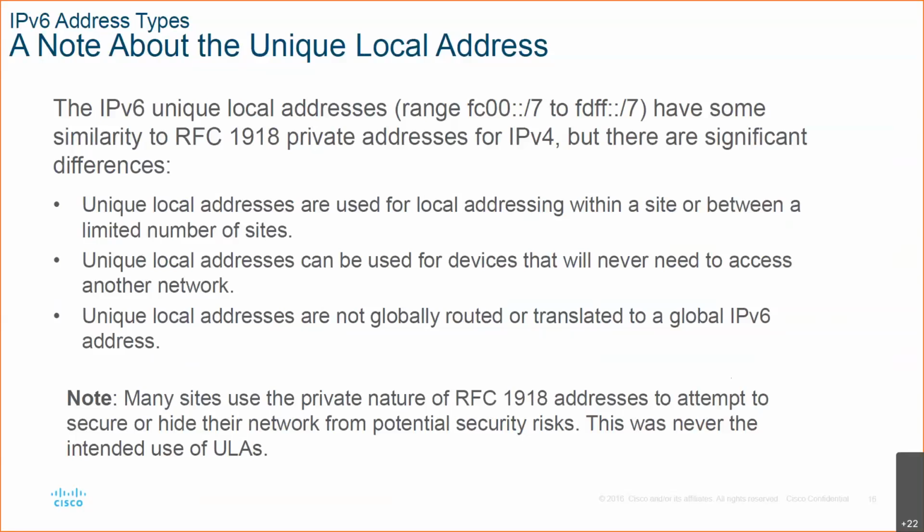So the whole idea is, just like in IP version 4, we have private addresses, here also you can give this address so that only within one site you can access the network. Others from outside cannot access it. As long as you give this range, remember, it is not globally routable.